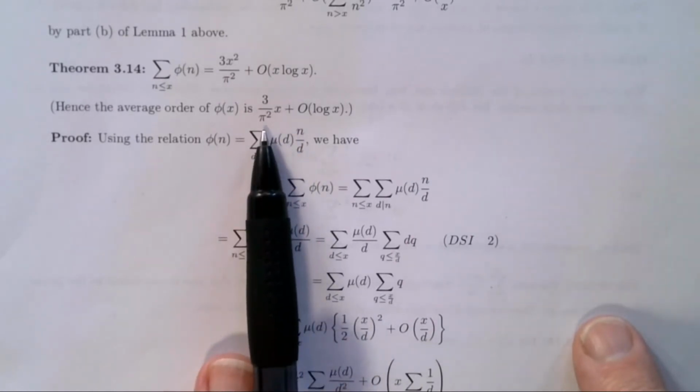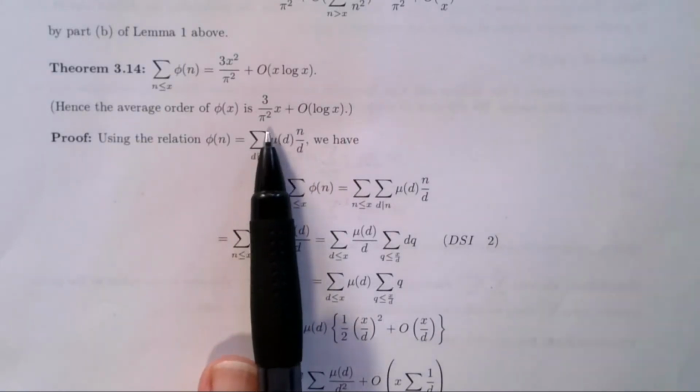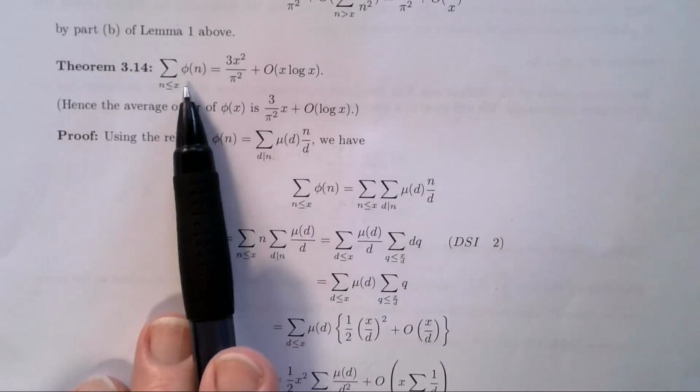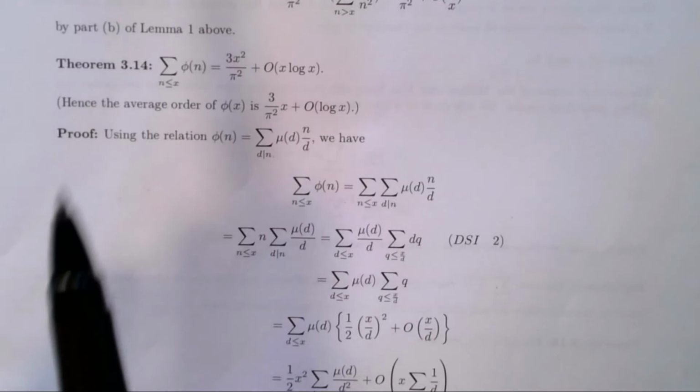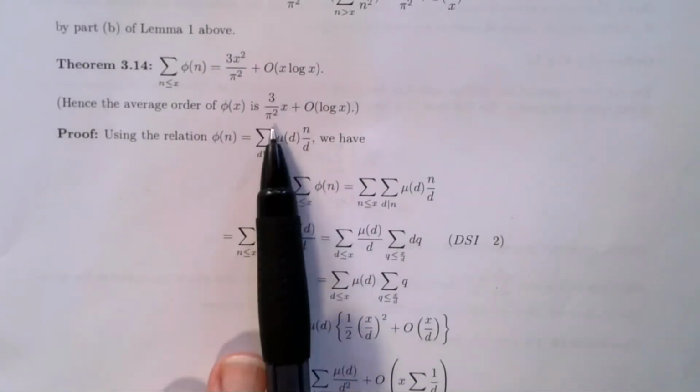So if you've got some computing skills, you can play with Maple and get Maple to draw the graph of this thing, and also get it to take the averages, and you'll find that you get roughly linear, and that's the gradient, 3 on pi squared.